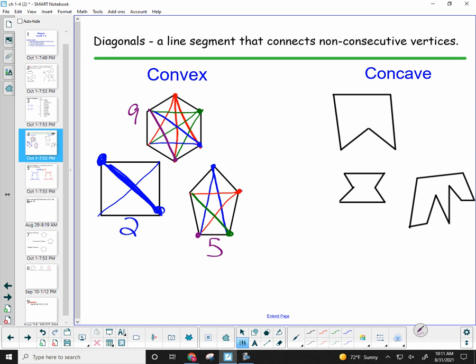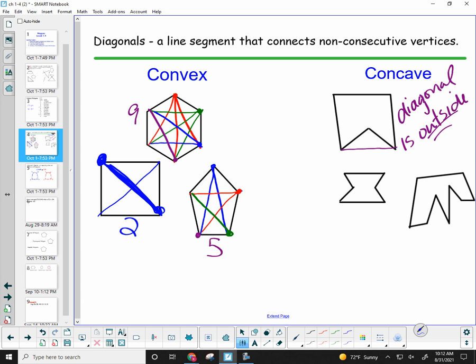If you have a concave polygon, you will have at least one diagonal that is outside of your figure. So even if you have one diagonal that falls outside the figure, it is considered a concave polygon. If all your diagonals are inside the figure, it's called convex.